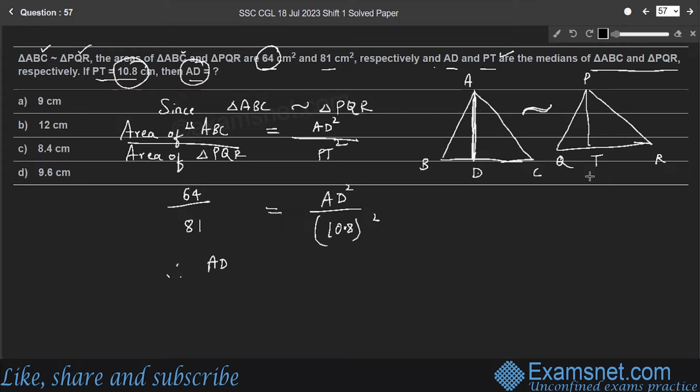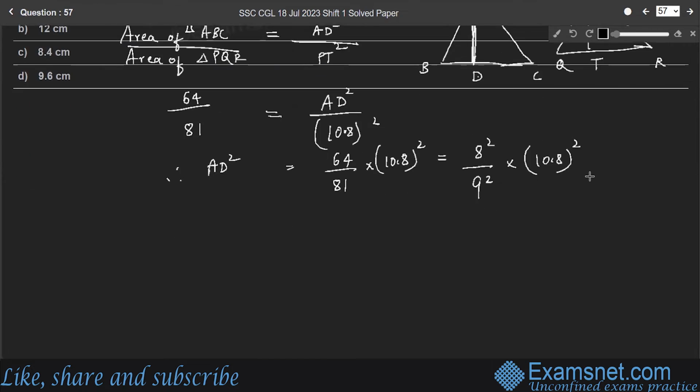Therefore, AD square is equal to 64 by 81 into 10.8 the whole square. Since 64 is the square of 8 and 81 is the square of 9, taking the root of the RHS, AD is equal to 8 by 9 into 10.8.